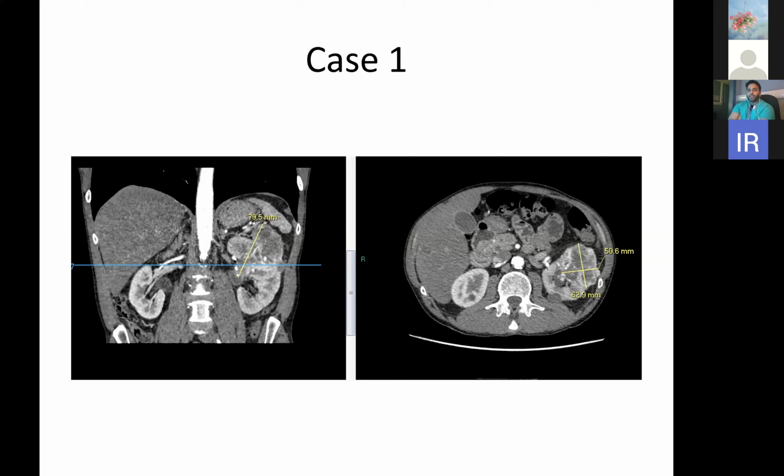I think it depends on what lesion you're looking at, because looking at vasculature is important from a surgical perspective, for example.